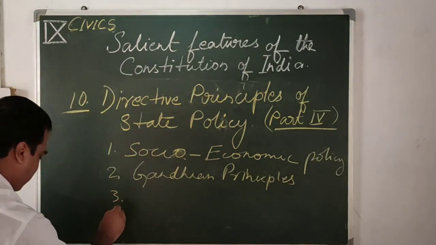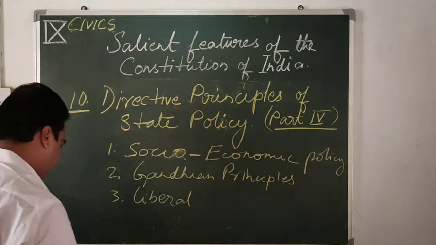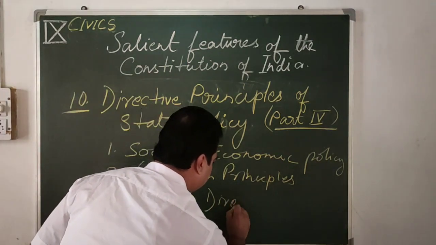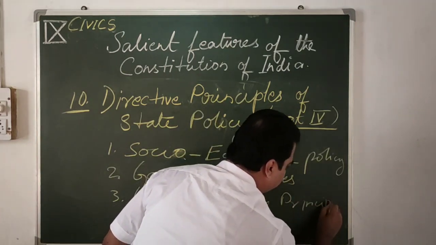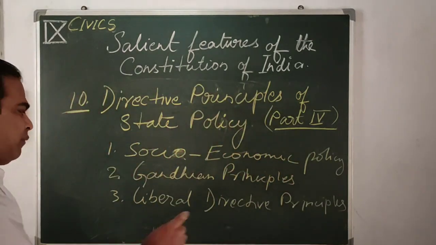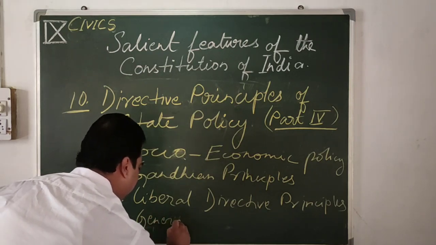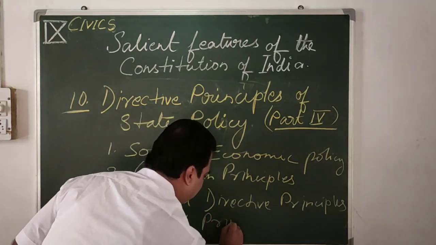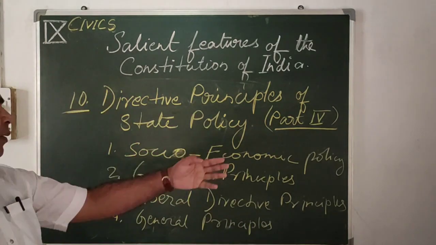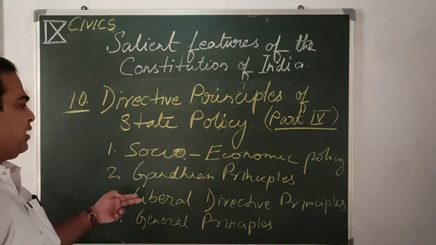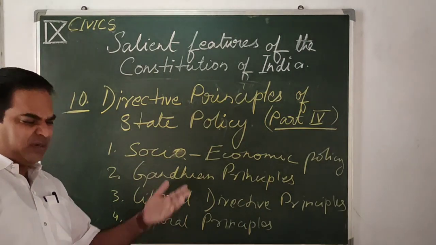Number 3, liberal democratic principle. The fourth one is general. So socio-economic policy is there, Gandhian principle is there, liberal democratic principle is there, general principle is there.